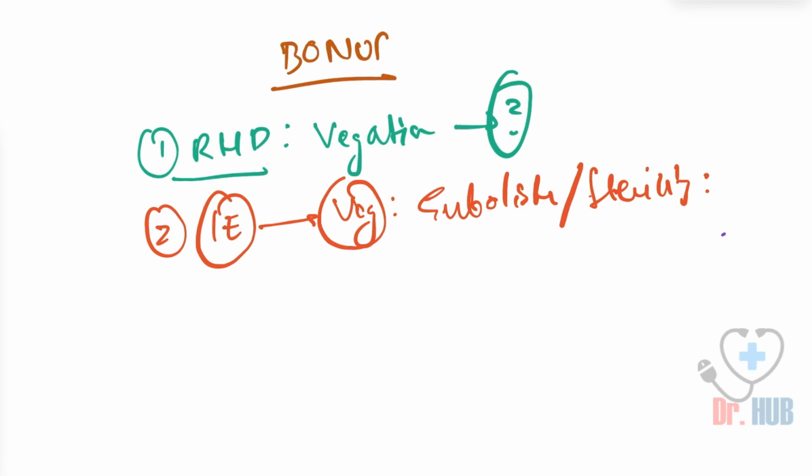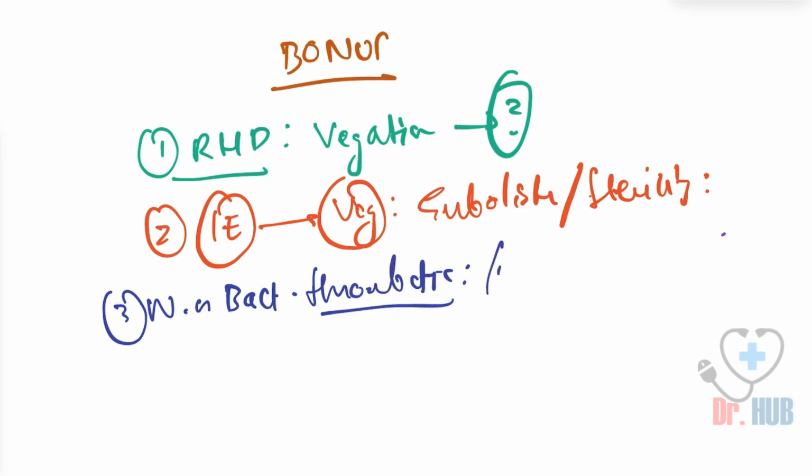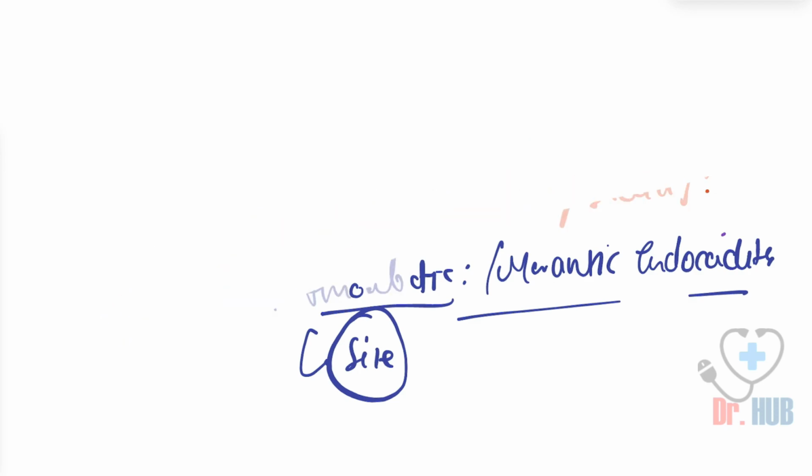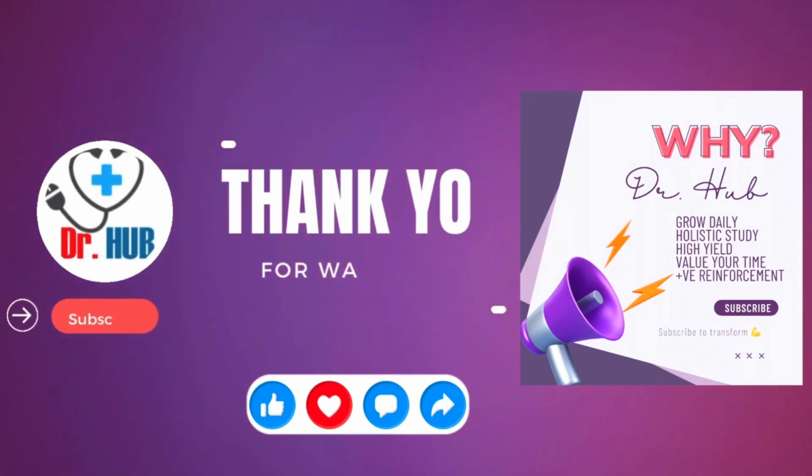The last question is, in non-bacterial thrombotic or marantic endocarditis, where is the site of vegetation? You can answer these questions in the comments.